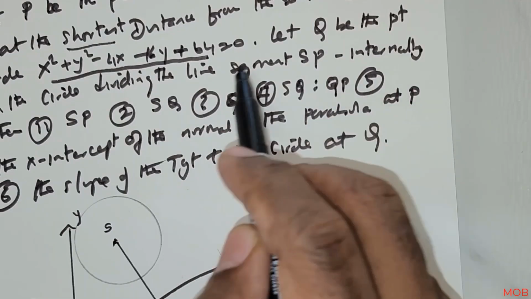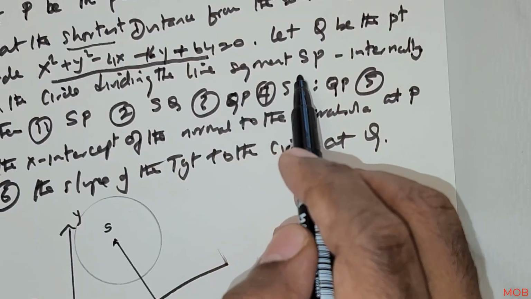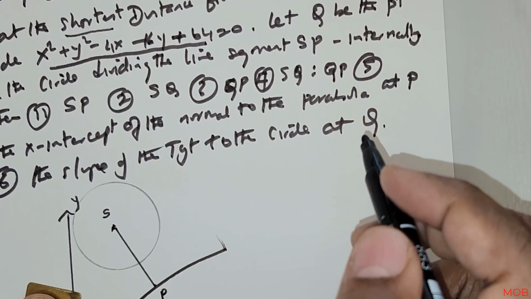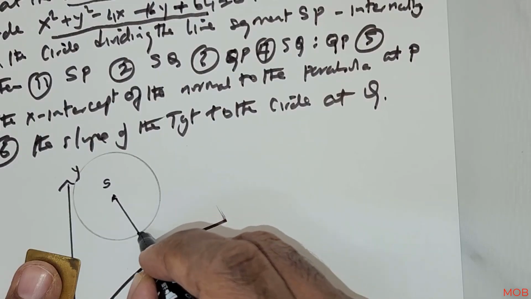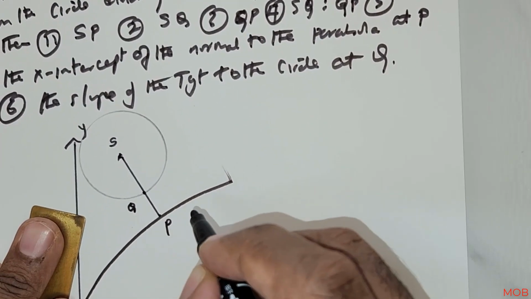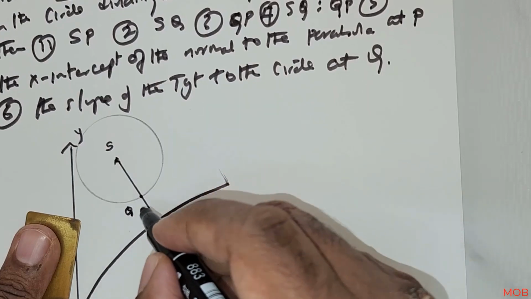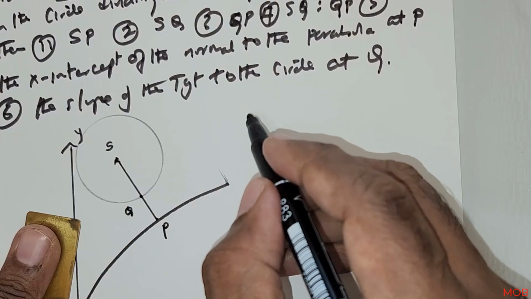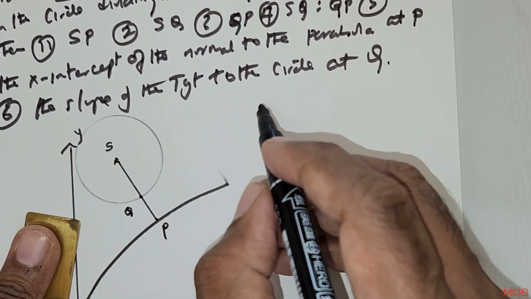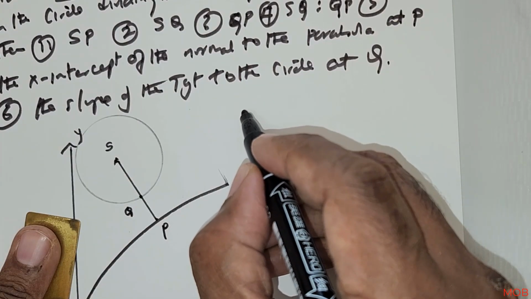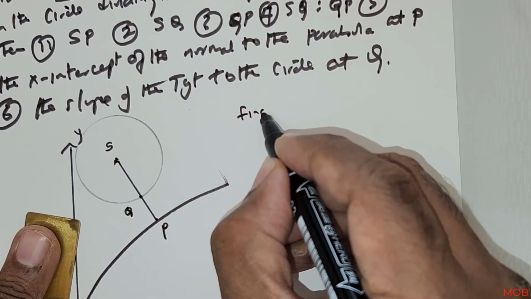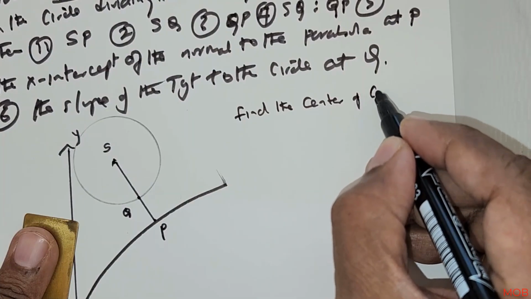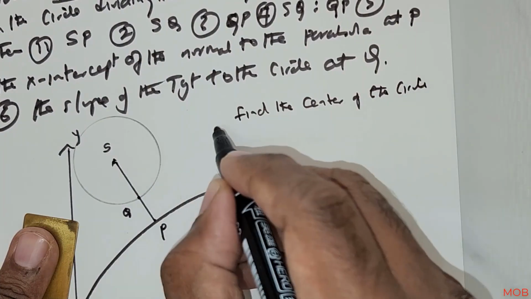So let Q be a point on the circle dividing the line segment. So this is the next point. So this point is Q, which is dividing the line segment internally. So it's straightforward division. Now these are the requirements that we have to start off. So the first requirement is find the center of the circle. That's the first requirement.